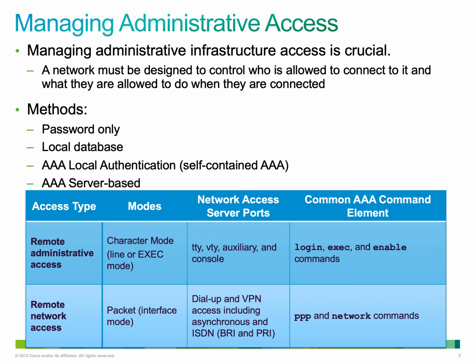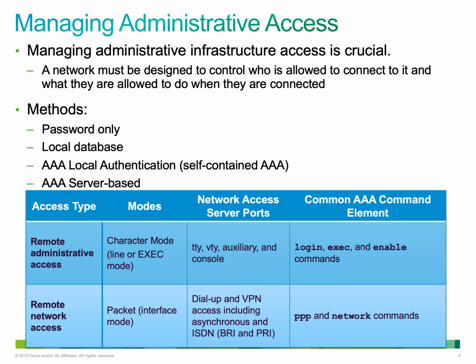You should have access to all of these, because you're using them to configure whatever you need to configure as an administrative analyst or administrative staff of an organization. Then the common AAA command elements include the login, exec, and enable commands. You have a login command, you have exec commands so that you can configure, and you have the enable command in order to keep it running.